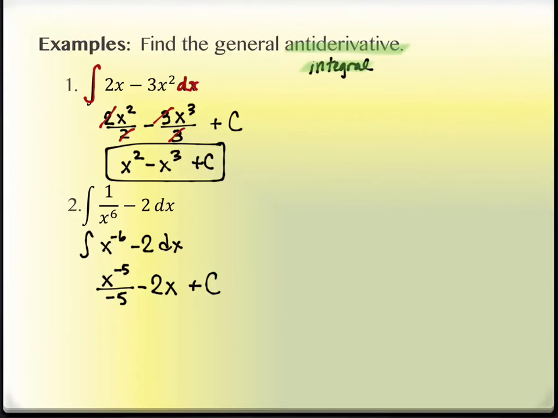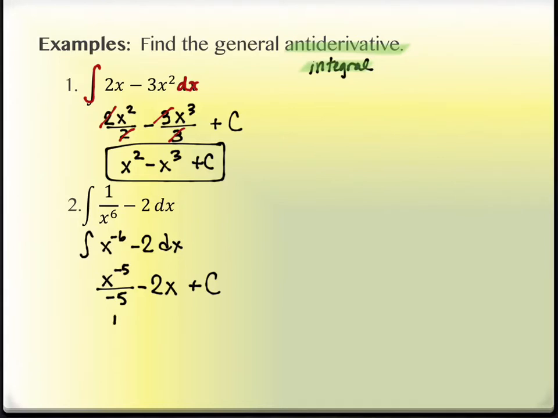But if we're looking at this from the perspective of a problem that we're turning in written-wise, this doesn't look like the form in which it began. If it had begun with x to the negative 6, I would have no problem with you leaving it as x to the negative 5, but it didn't start that way. It started with a positive exponent in the denominator, right? So we're going to return it back to the denominator from whence it came, and make it back into a positive number.